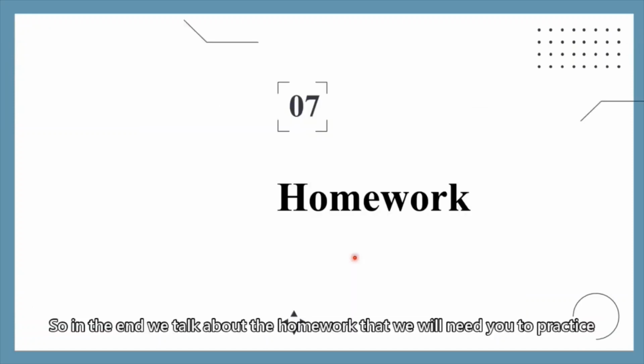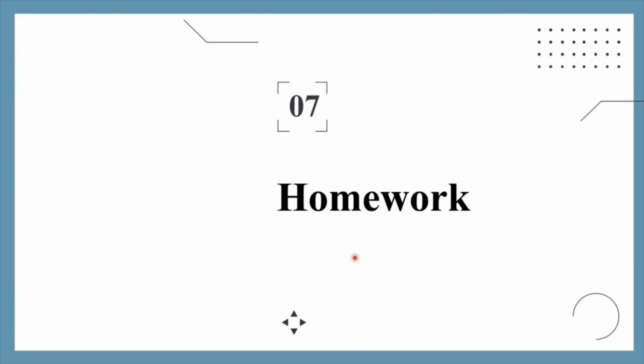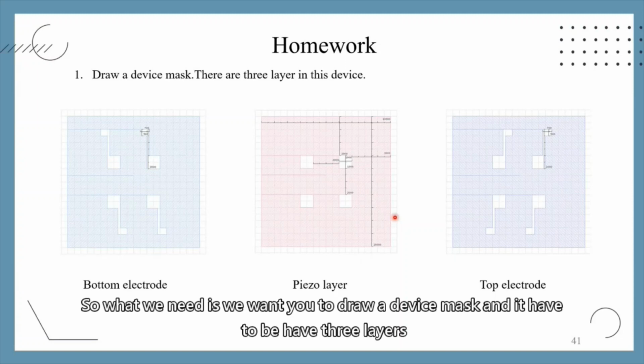In the end, we talk about the homework that we need you to practice. This is mainly because when you are doing your final project, you will need to draw a layout for it, so this homework will help you prepare.